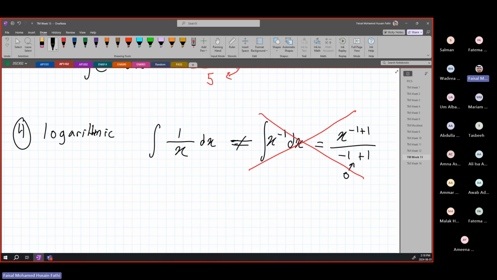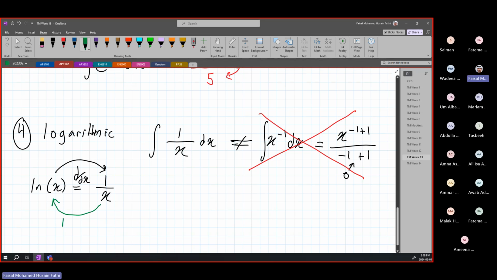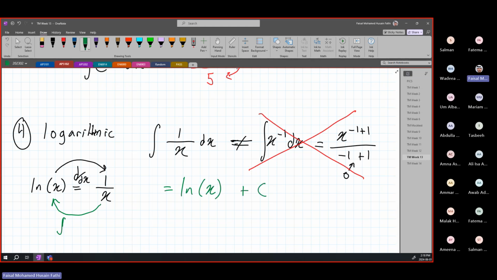It is very simple. If you remember, what was the differentiation of ln of x? If we differentiate, d by dx, we used to get 1 over x. So if we want to integrate 1 over x, we are going to get ln of x plus c.